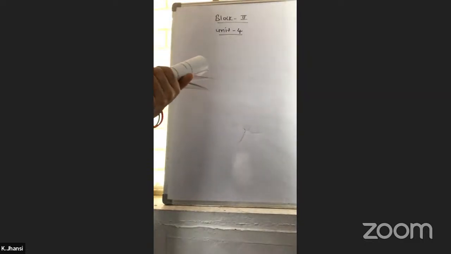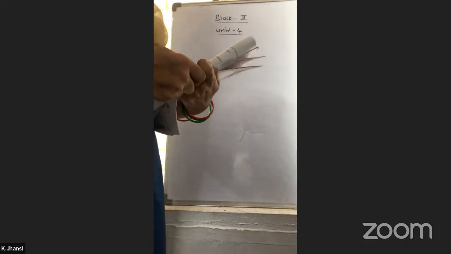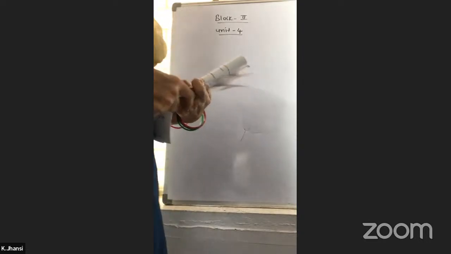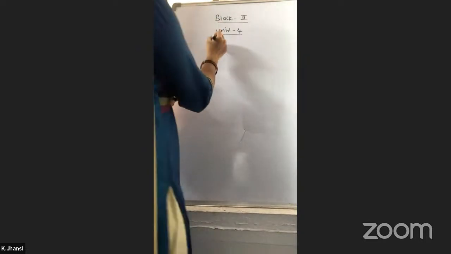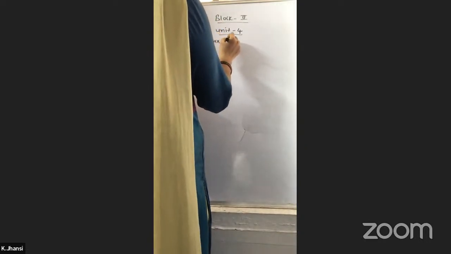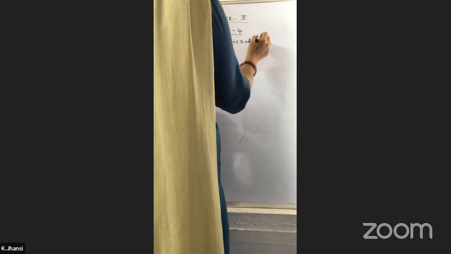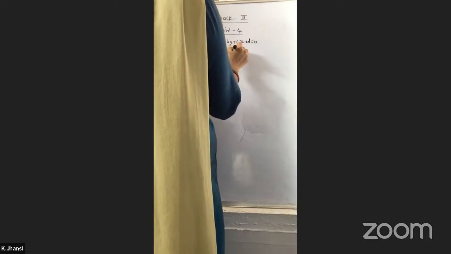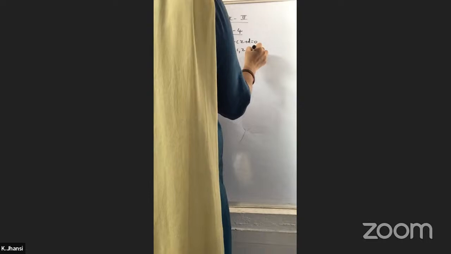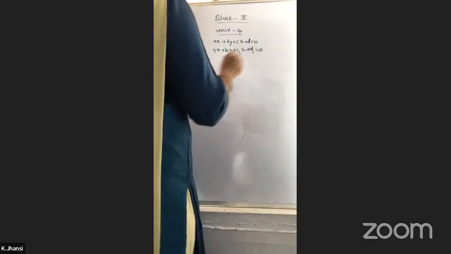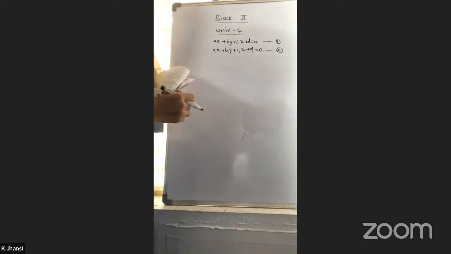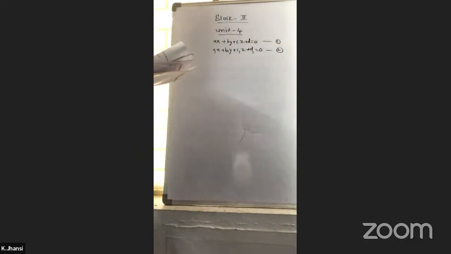The unsymmetrical form of a line is a combination of two plane equations, like this: ax plus by plus cz plus d equals 0, and a1x plus b1y plus c1z plus d1 equals 0. The combination of these two plane equations is called the unsymmetrical form of a straight line.